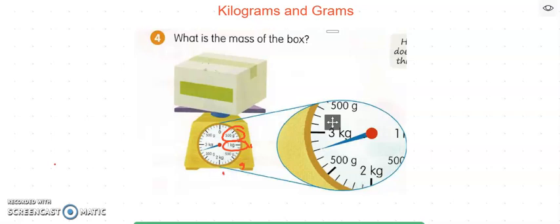Between 2 kilo and 3 kilo, this means we have 1 kilogram, and half of 1 kilogram is 500 grams.